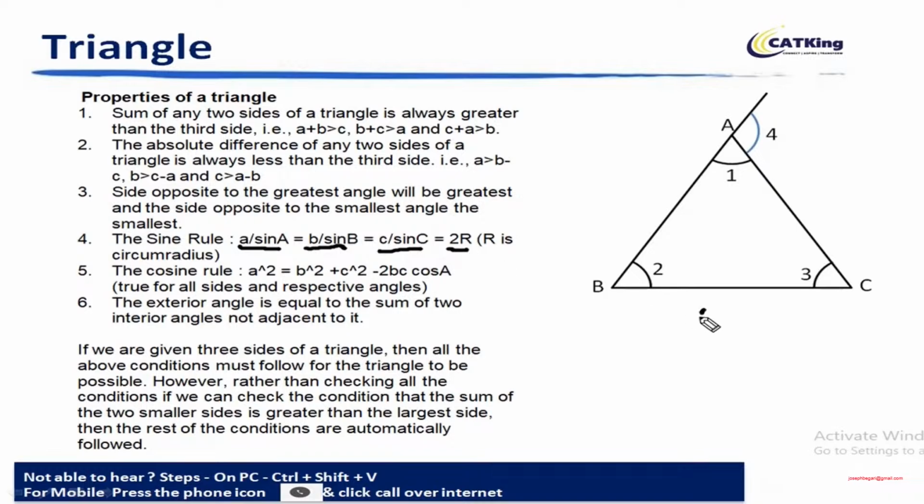Circumradius is nothing but the radius of the circle which circumscribes a triangle. So this circle which is circumscribing this triangle is called circumcircle. This is a circumcircle, right?